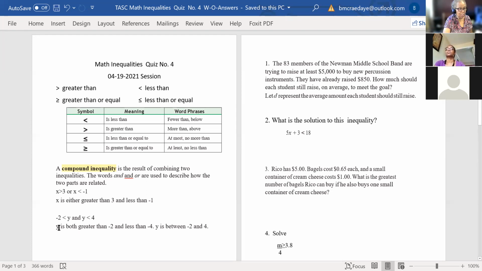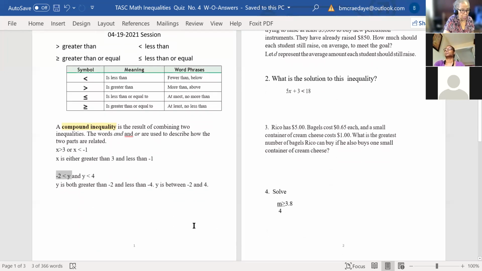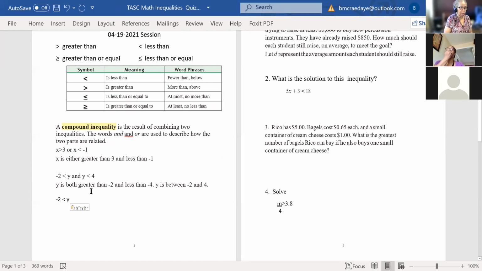See, when you reverse this, it's very important that you understand this. I think we looked at it before, but probably not in too much detail. Let me copy this: minus 2 less than y. Now, this says minus 2 less than y, right?